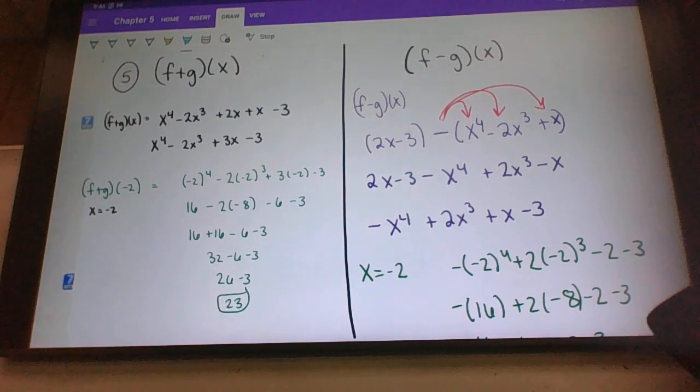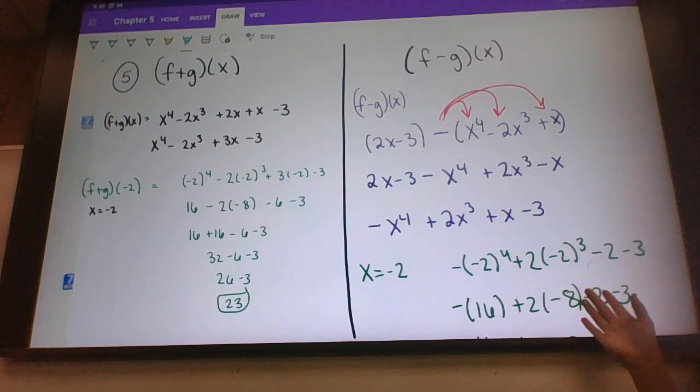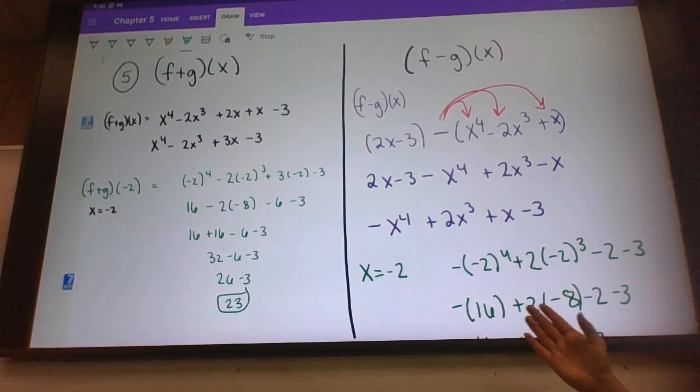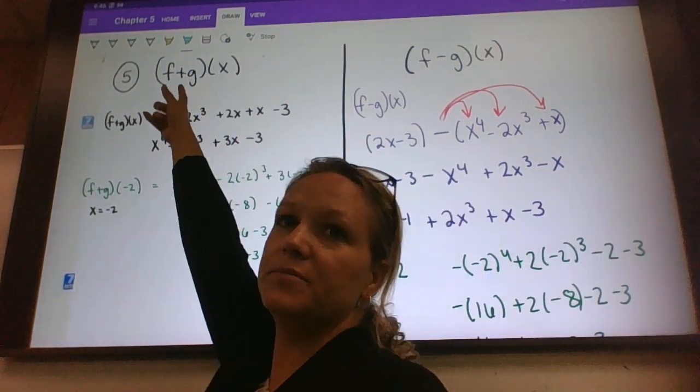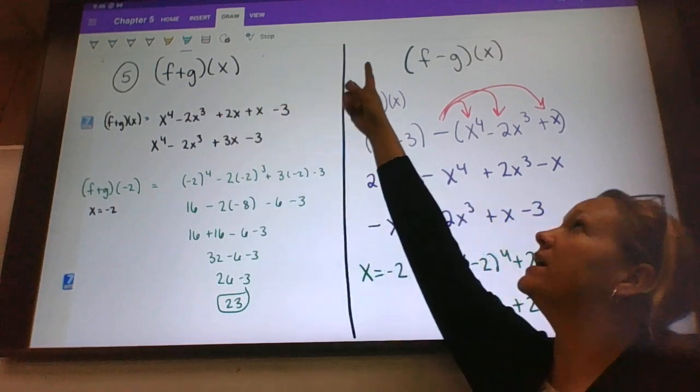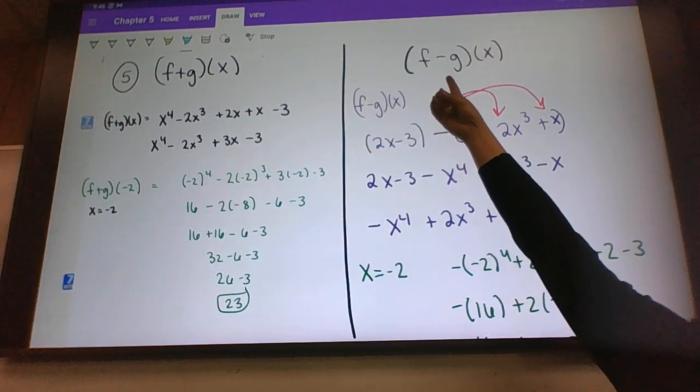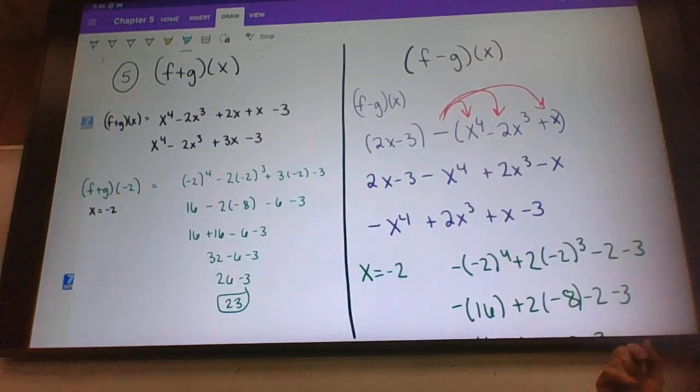This is still number 5. That's all number 5. Subtract. The answer's not even here. What second function? It's 23. No, 23 was the answer to adding them. We're doing it again and we're subtracting them. Yeah, you have to do both.